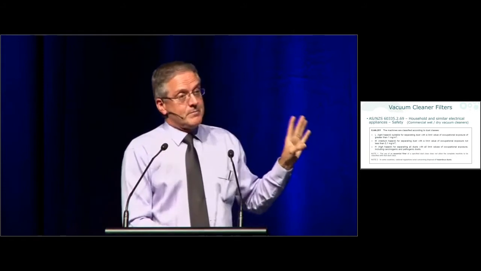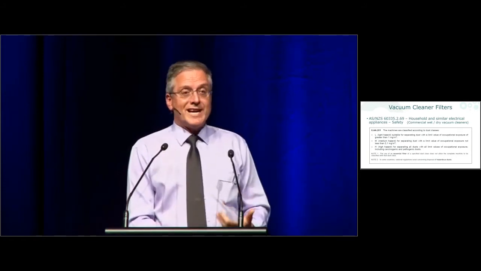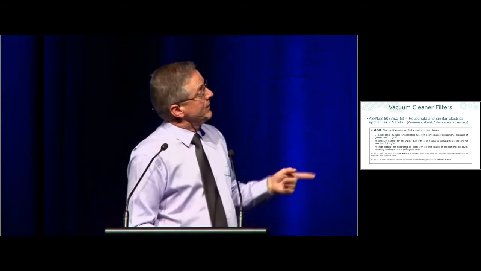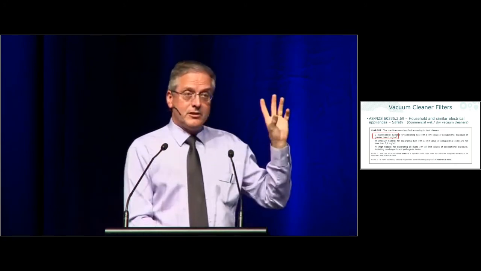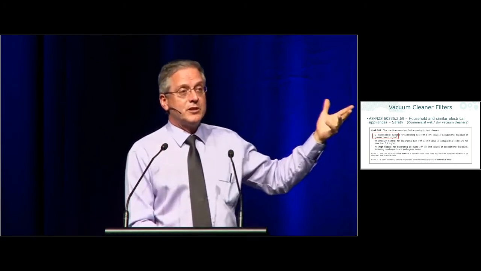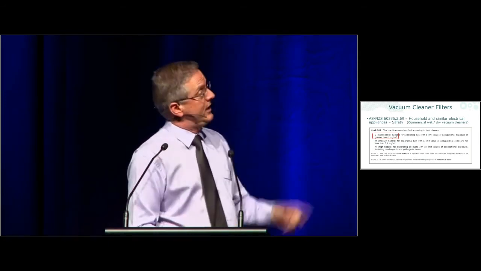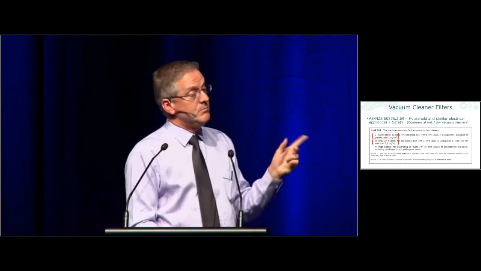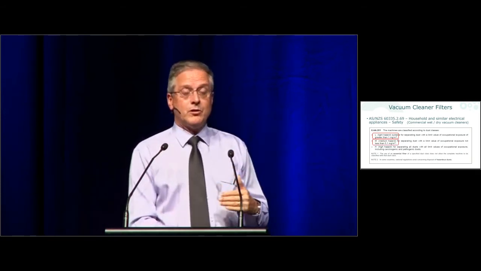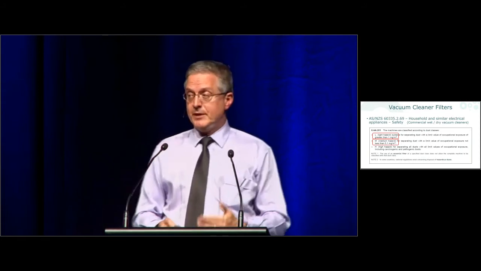When you look at what that means in terms of industrial vacuums and filtration, for a light hazard, the standard for vacuums links the hazard and the efficiency of the vacuum into the exposure standard. Lights and mediums are 0.1 milligrams per cubic metre or less.